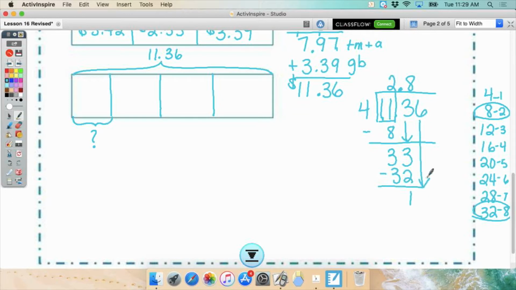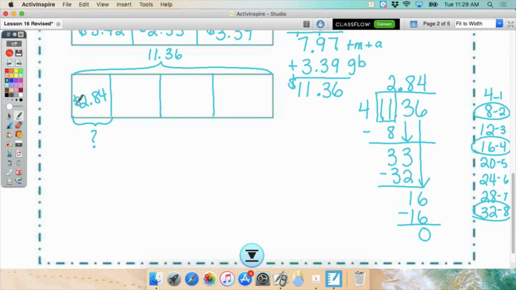Can I bring down my 6? Okay. And do I have a 16 over there? Yes. So that's going to divide evenly, isn't it? So the cost that each friend has to pay is $2.84.